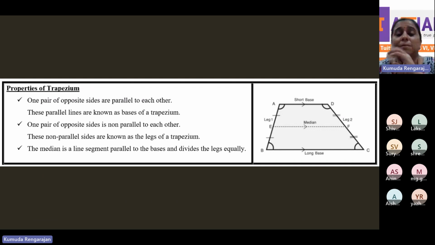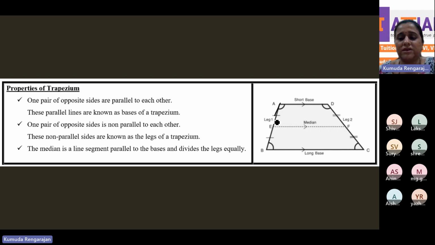So the parallel sides are called the bases and the non-parallel sides are called the legs. Legs are the non-parallel sides of a trapezium. Bases are the parallel sides of a trapezium.